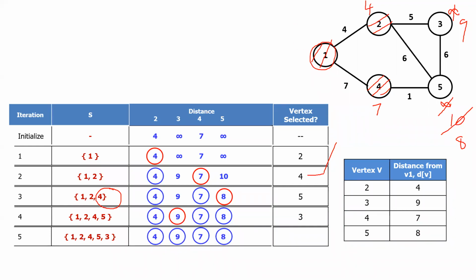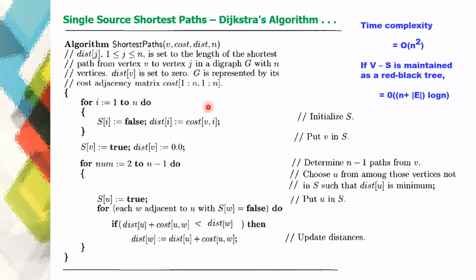This is the algorithm, Dijkstra's algorithm, for finding the shortest paths. You will be given vertex V, which you have to take as the source vertex. Then you will be given the set of weights for all the edges in the graph. Then N will indicate how many vertices there are in the graph.